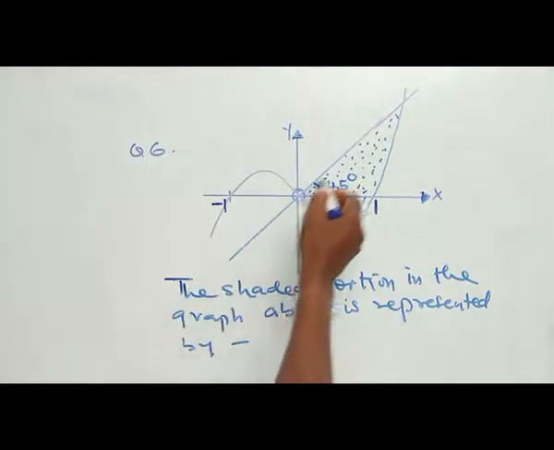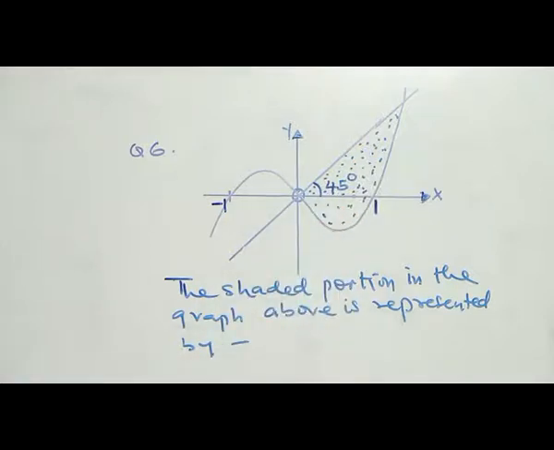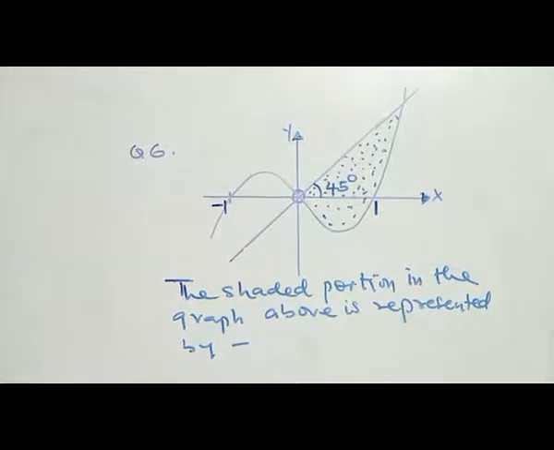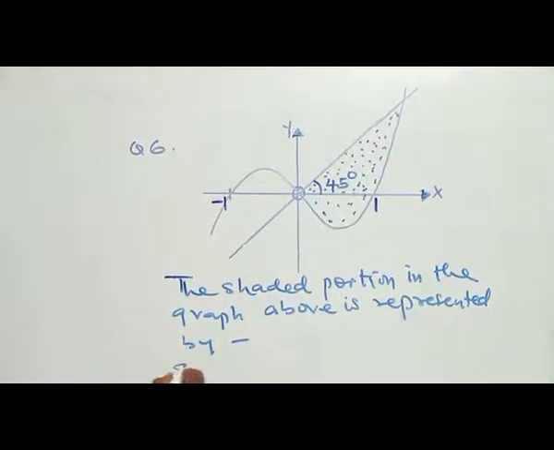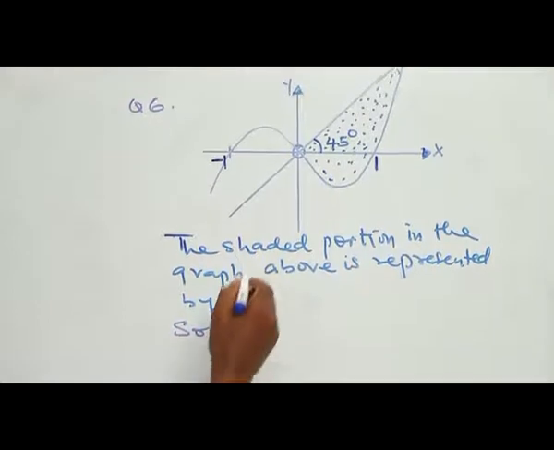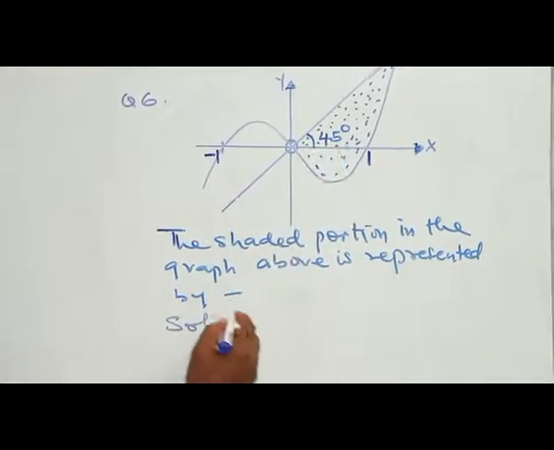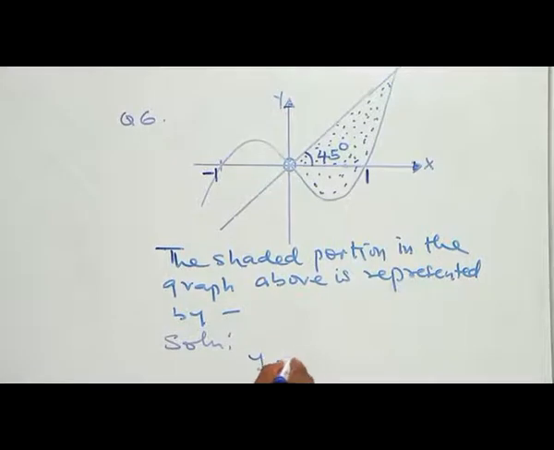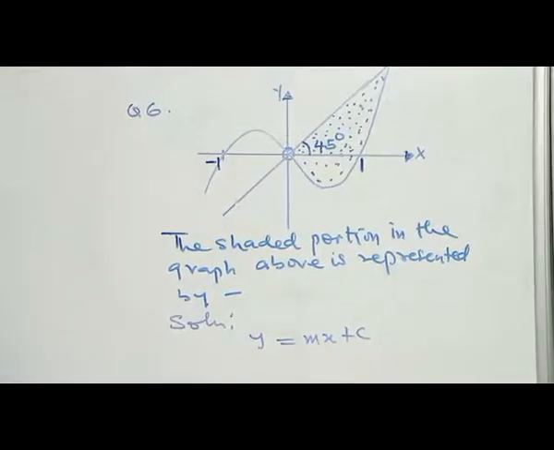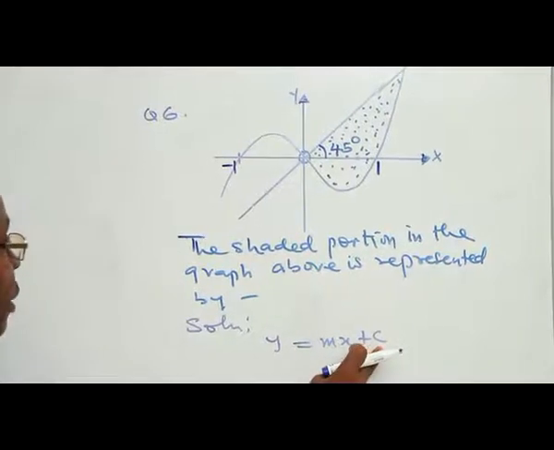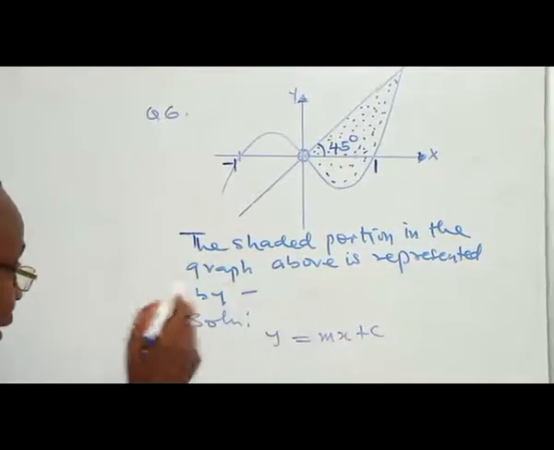Look at the straight line. It is making an angle of 45 degrees with the s-axis. So here we go. We will now write, first and foremost, the equation of the straight line. So solution. To write the equation of the straight line, remember we have y equal to ms plus c. Our c is the point where it is cutting the y-axis, and of course in this case it is 0.